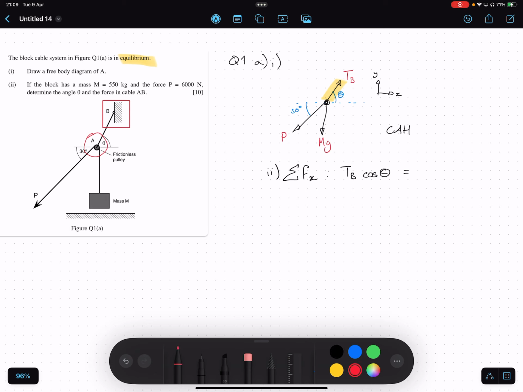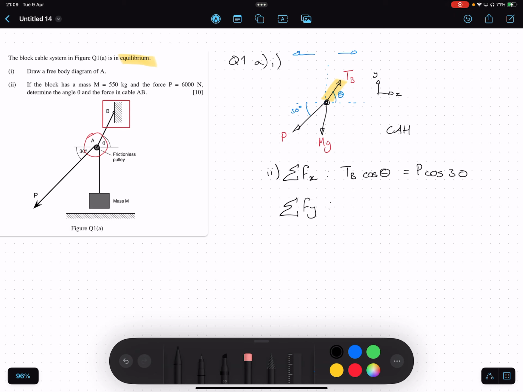If we draw in our y-axis, let's do this in blue again. We have T acting in this direction, and we have P acting in this direction. We're going to say that this is equal to P cos 30. Note that I haven't put in the forces yet, as we want to just get our variables and our equations down, and then we can start substituting it.